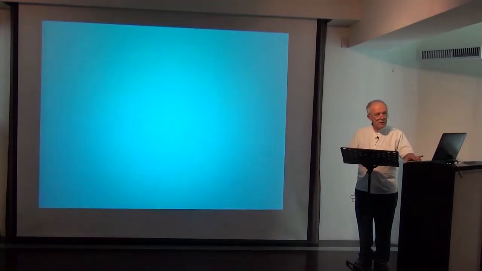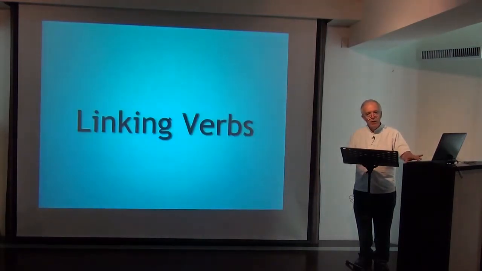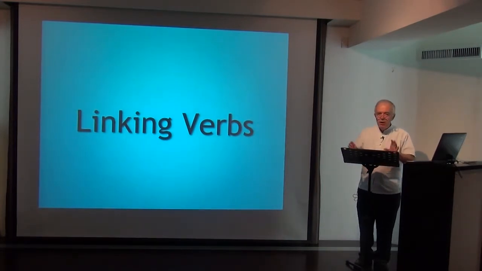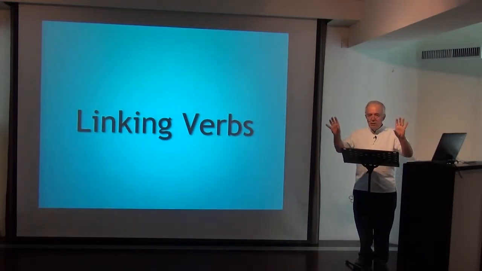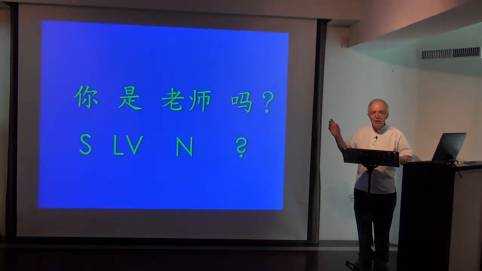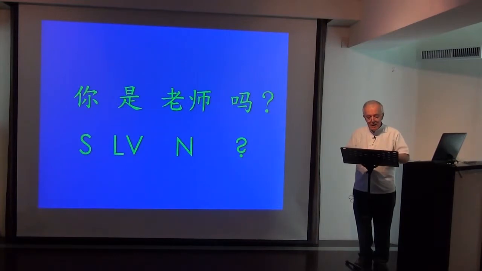All right, let's start off with linking verbs. Linking verbs link two nouns or pronouns, and the most common one is the verb to be. 他是老师吗? Is he a teacher?